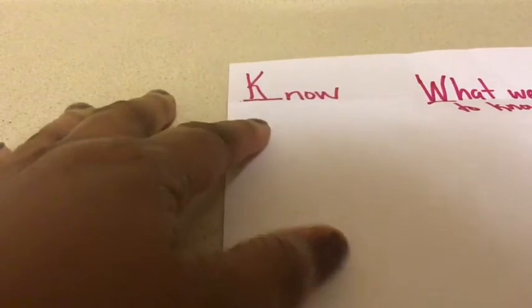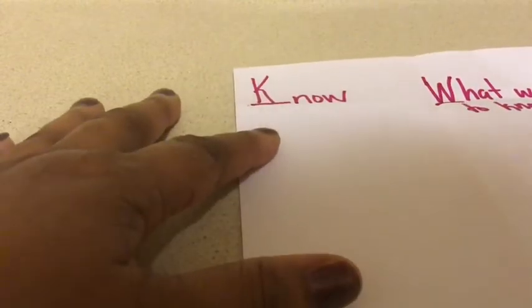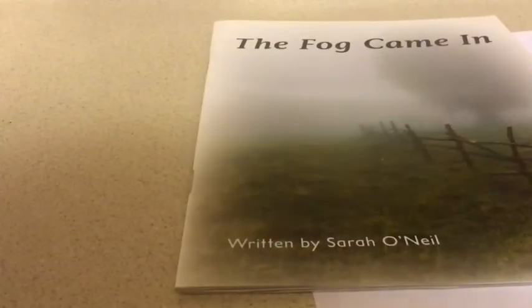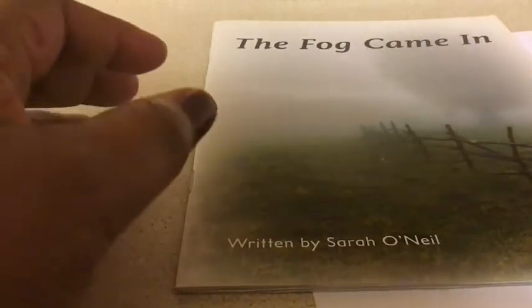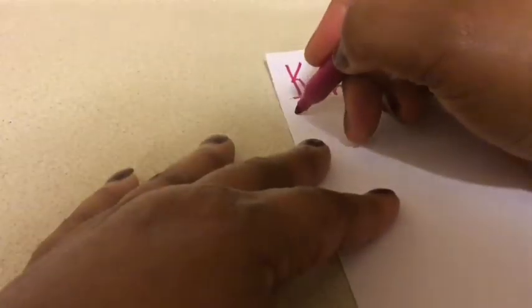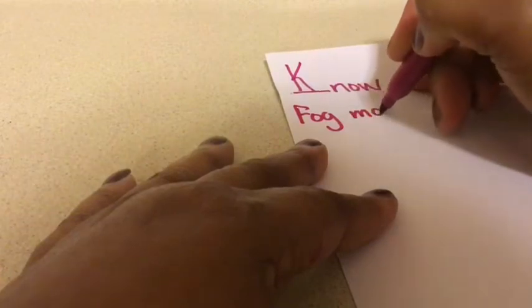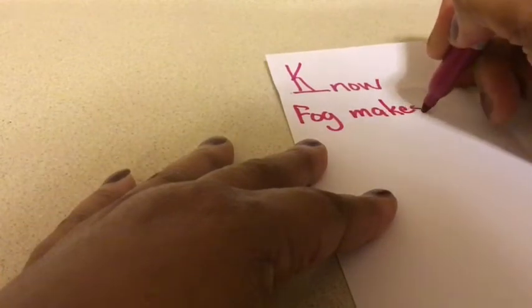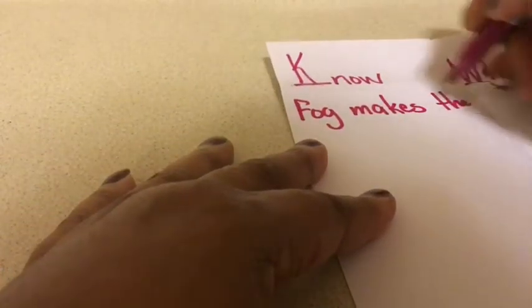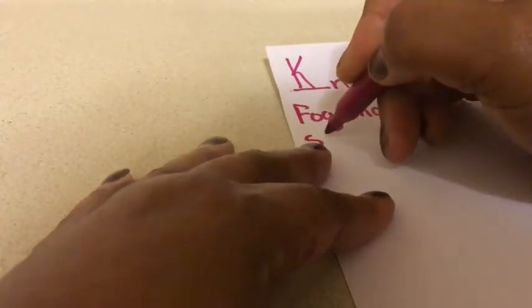So the K is done before you read the text. And the text that I'm going to use is The Fog Came In, written by Sarah O'Neill. So what do I know about fog? Well, I know that fog makes the sky look cloudy.